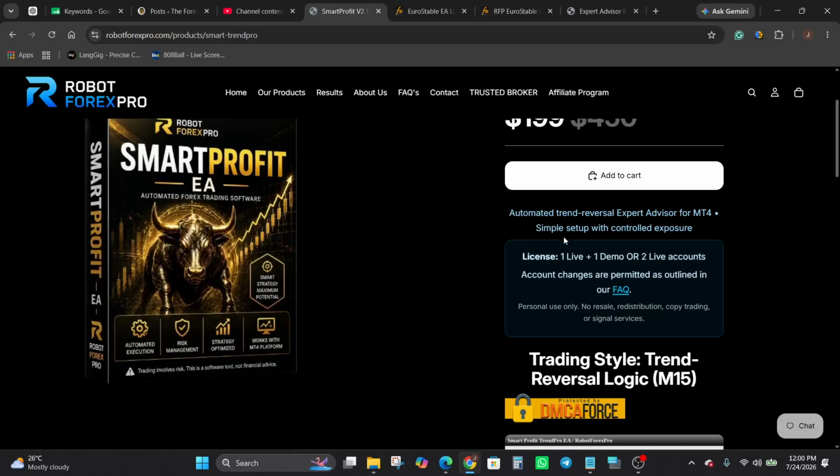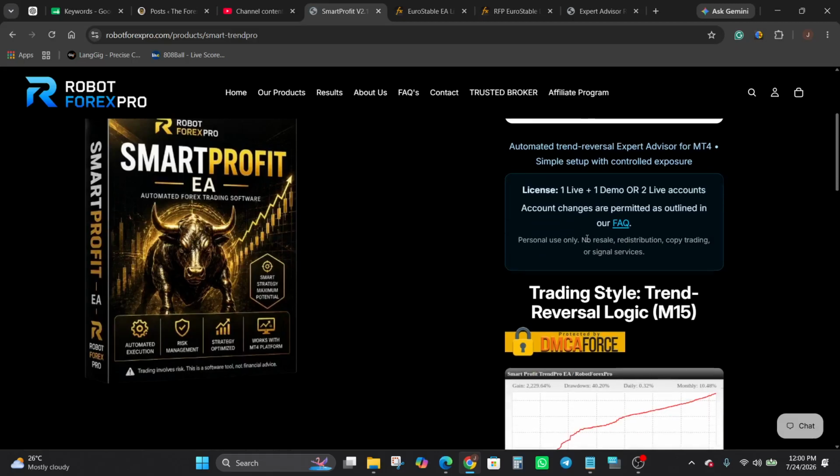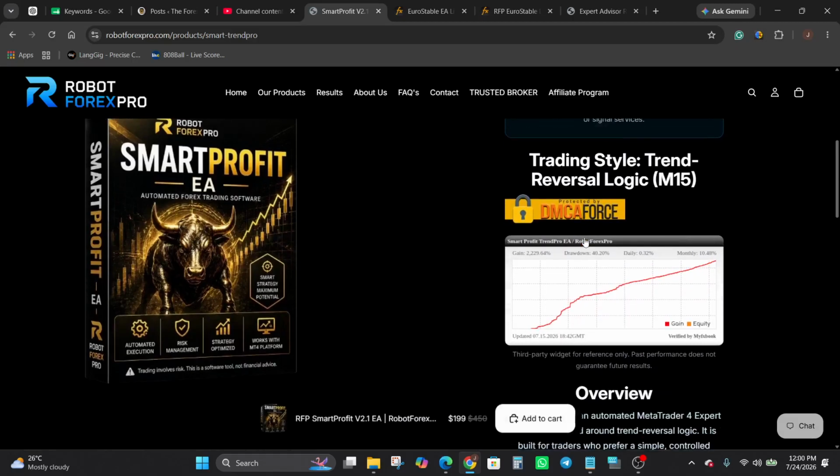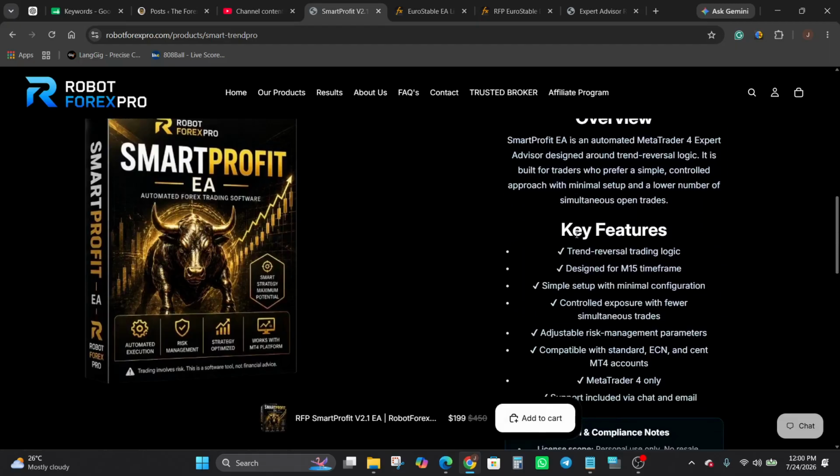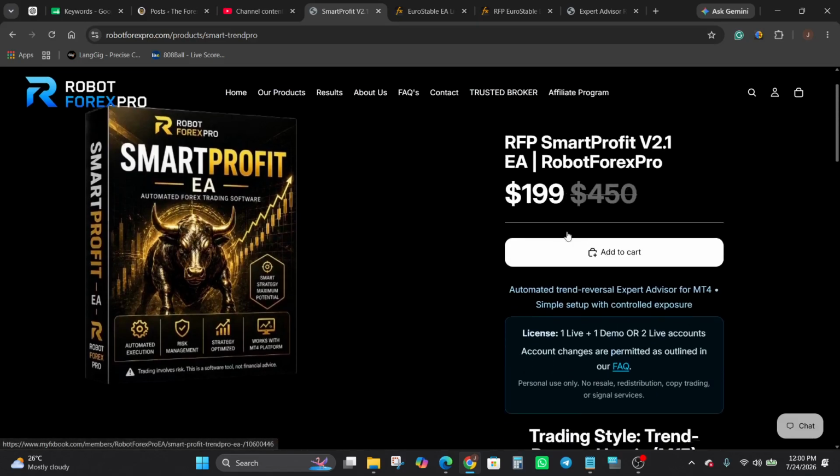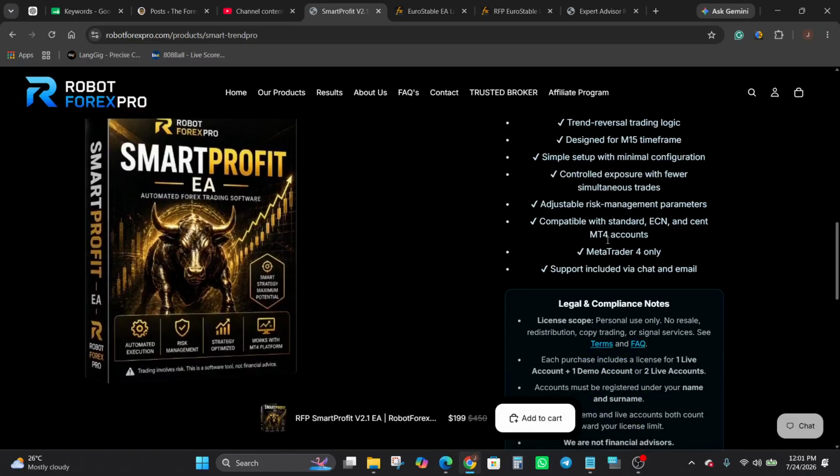The results are verified by Myfxbook, and there is a clear disclaimer that past performance does not guarantee future results. Past performance is not a promise of future performance. The listing confirms that the EA is for MT4 only.